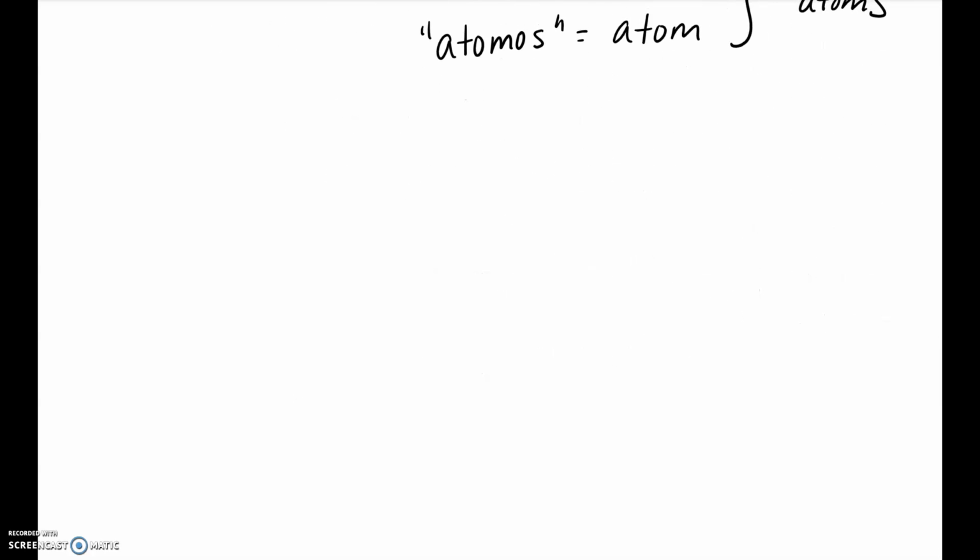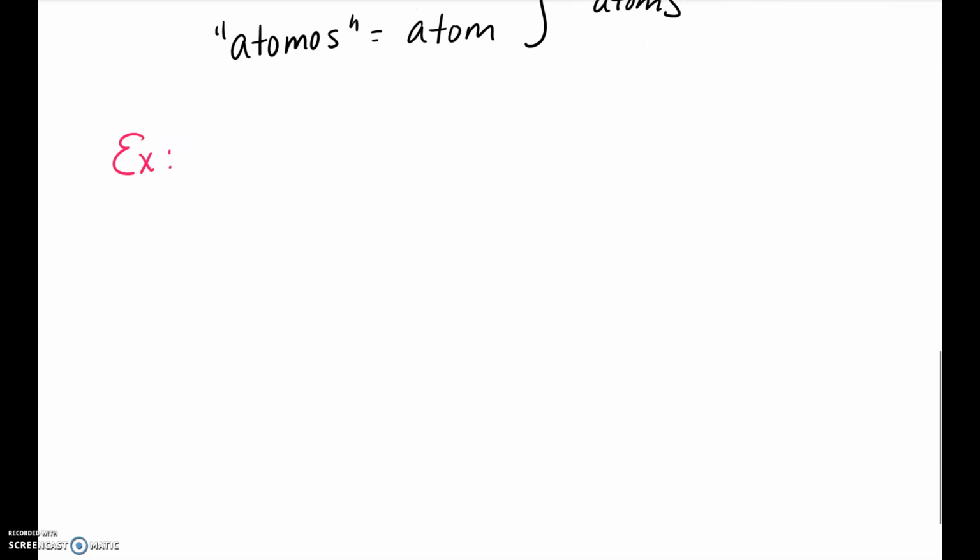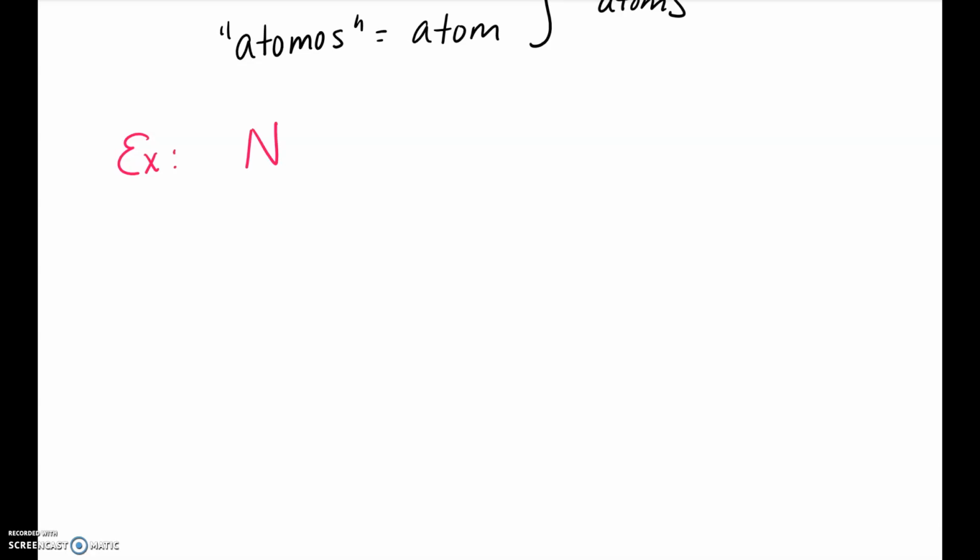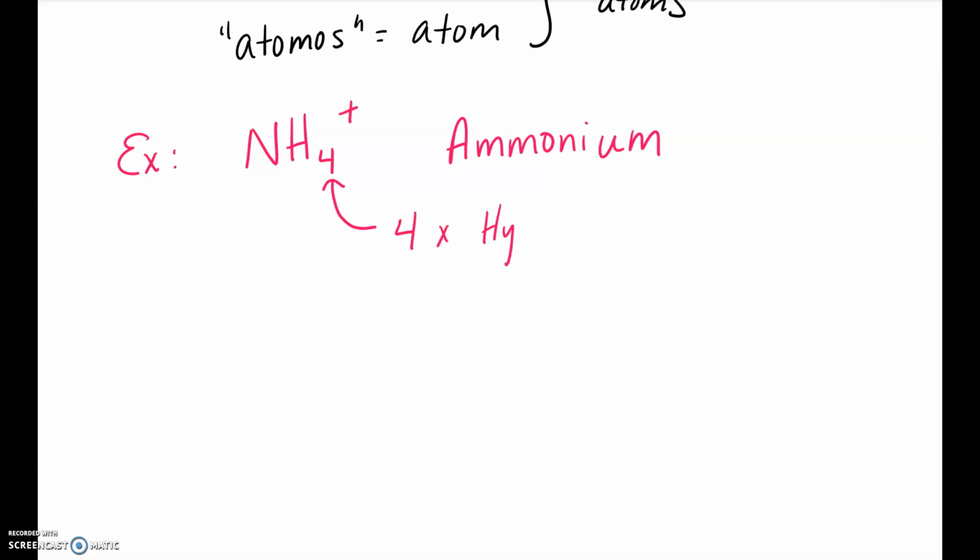An example of this might be NH4+. This is the symbol for the polyatomic ion called ammonium. Notice there's more than one element here too. There's nitrogen and hydrogen. And it's an ion because it has an electrical charge on it. This subscript tells me that there are 4 hydrogens.